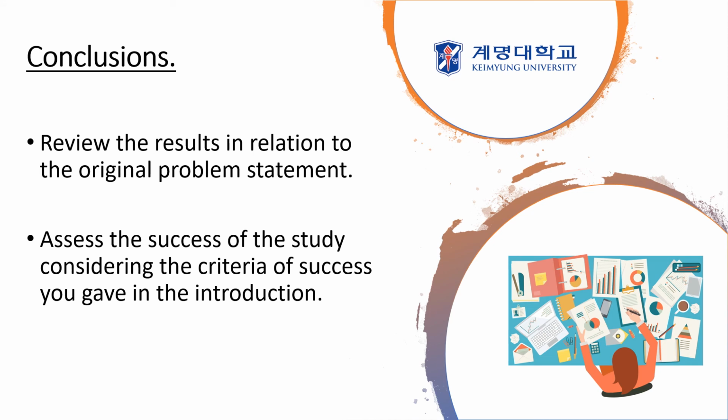For the conclusion, review the results in relation to the original problem, and assess the success of the study considering the criteria of success you gave in the introduction. Make sure the flow of your research problem or research question is in sequence, in the same order as the conclusion.